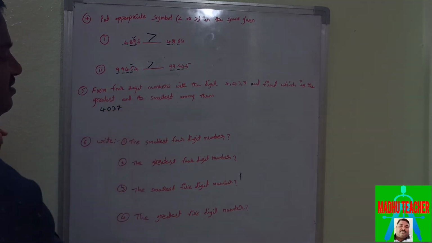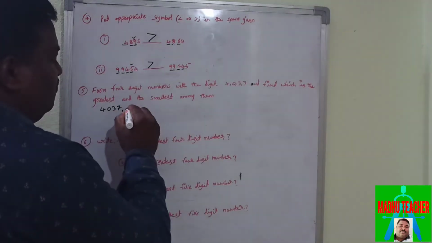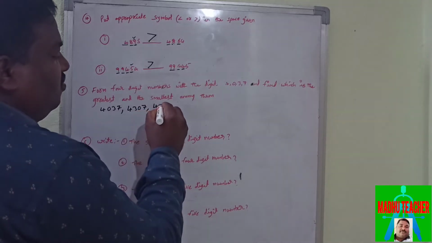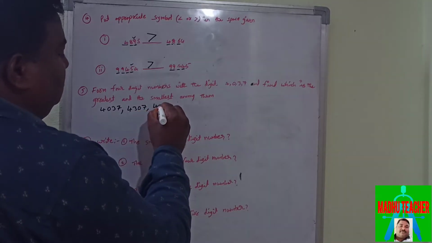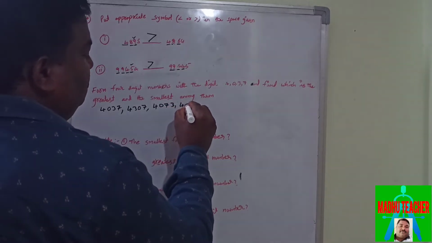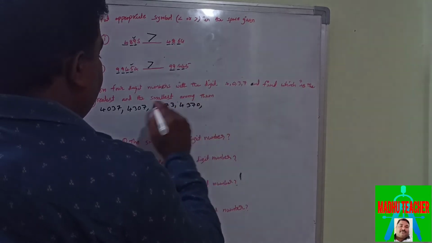4037, 4037. You can write 4307, 4073, 4370, like this.